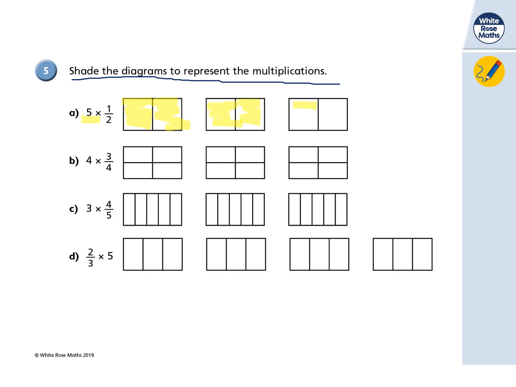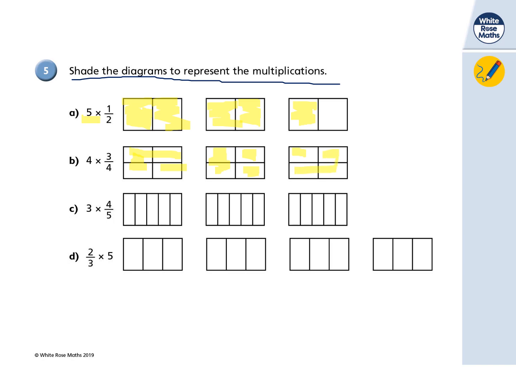So this is what you are supposed to shade. 4 times of 3 over 4. So this is 3 over 4. 1, 2, 3, and 4. It's supposed to be everything.